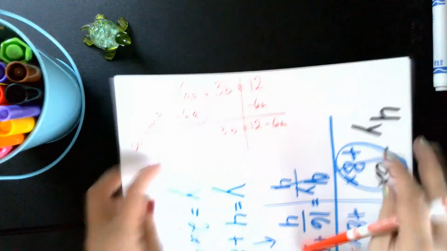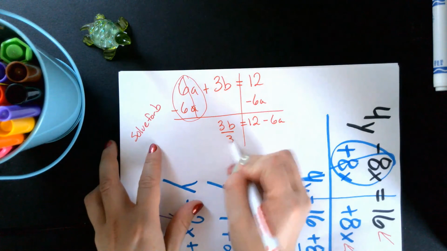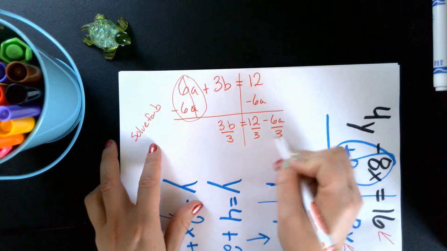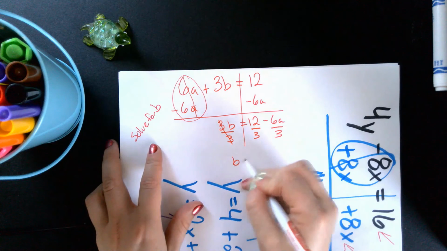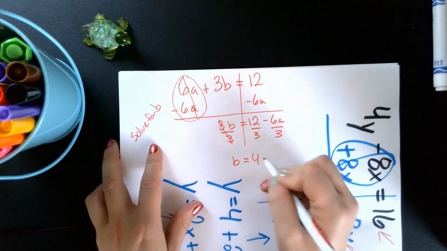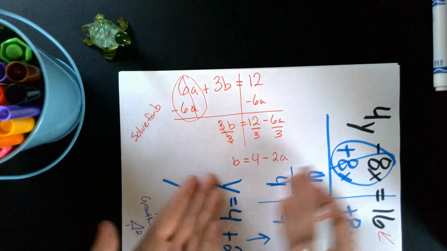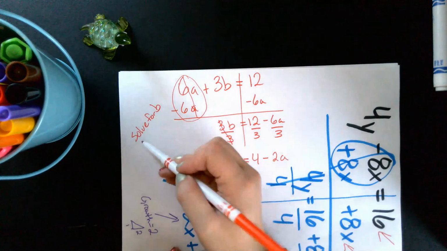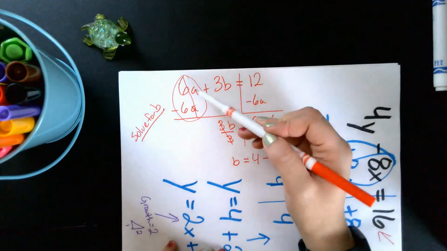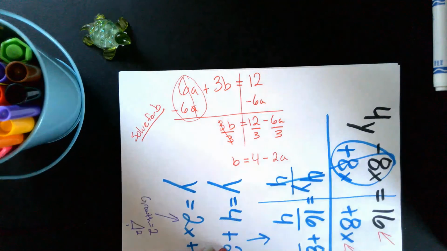We're going to do the same thing over here. We're going to divide everything by 3. And I get b equals 4 minus 2a. And that's what b equals. So if I asked you to solve for b, that's what you'd do. If I ask you to solve for a, you'd obviously need to move b and divide by 6.